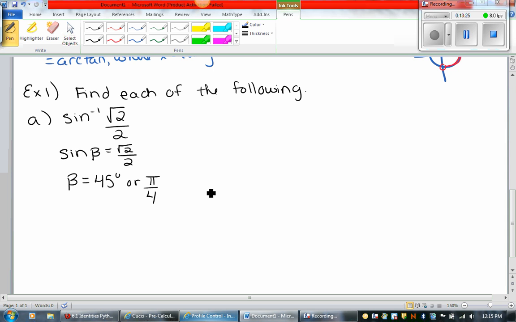So π/4, or 45 degrees, is what we're looking at. Now, if we keep in mind that sine is also positive in the second quadrant, we can go there as well. But for right now, I want you to stick on our restricted range.